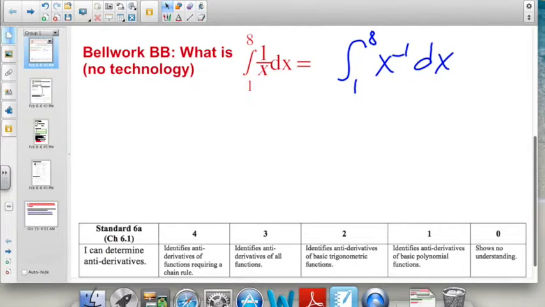Talk amongst yourselves. Discuss what's happening with the power rule.